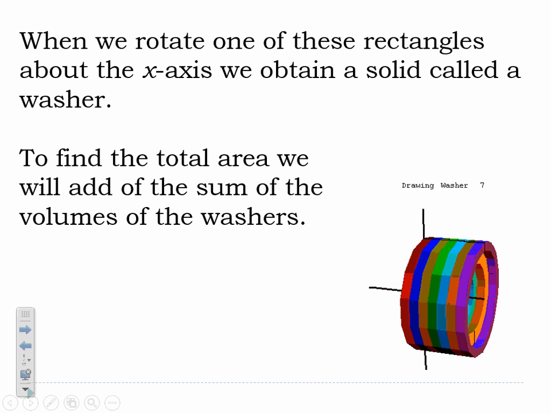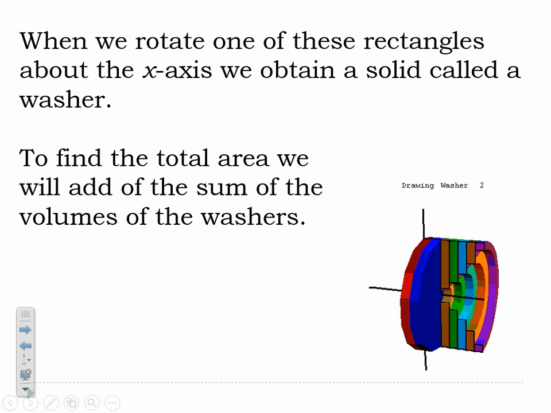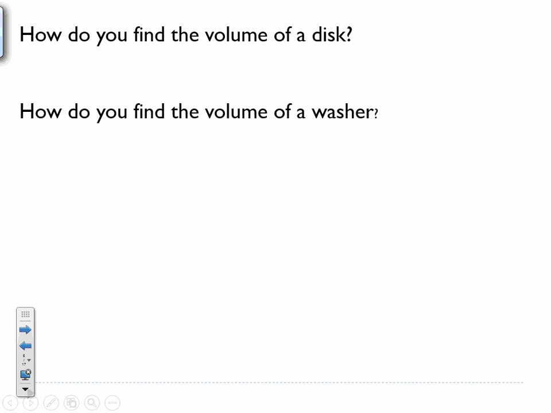So what we need to be able to do is find the volume of all of these washers and add them together. This sounds an awful lot like a Riemann sum, doesn't it? So, if I have a bunch of washers, how will we find the volume of each of these washers?